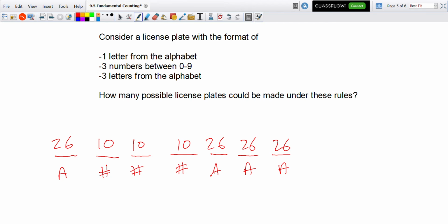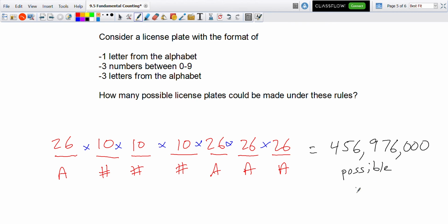And if I want to find how many possible outcomes there are in total for any license plate, again, I just multiply. 26 times 10 times 10 times 10 times 26 times 26 times 26 means that there are a grand total of 456,976,000 possible license plates following that specific format.